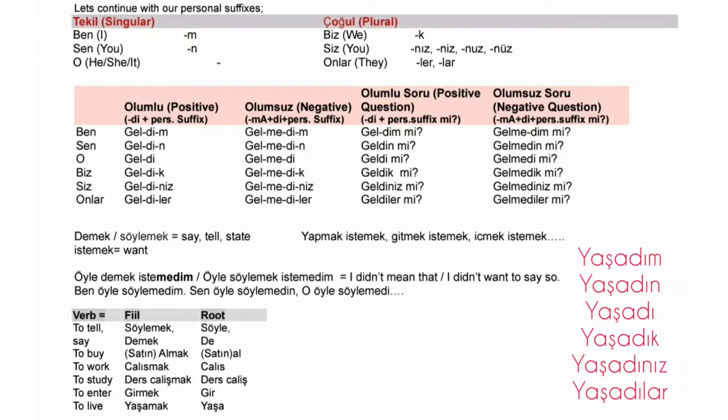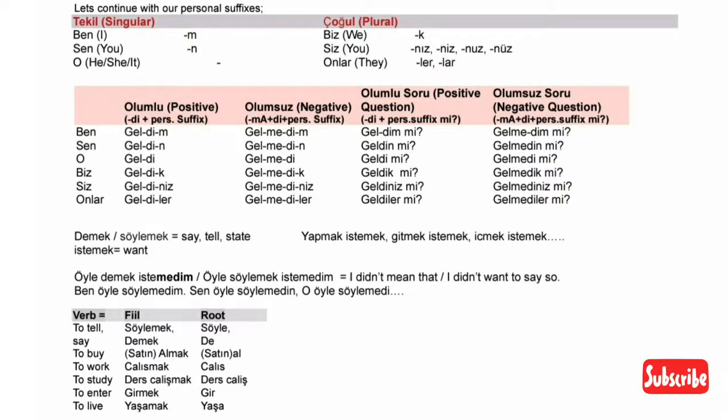Ben yaşadım, sen yaşadın, o yaşadı, biz yaşadık, siz yaşadınız, onlar yaşadılar. As you can see here, D has changed to T because of our vowel harmony. You know this, I think, now by heart because I keep repeating it in each lesson.